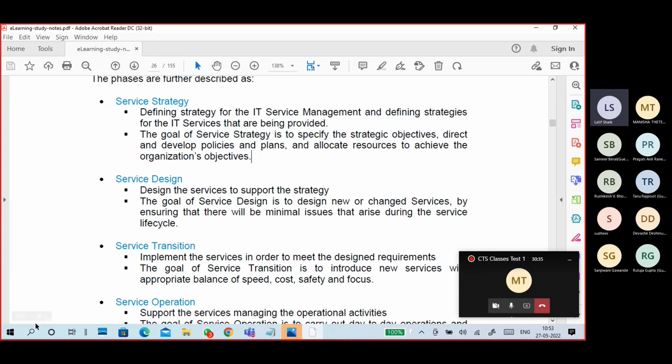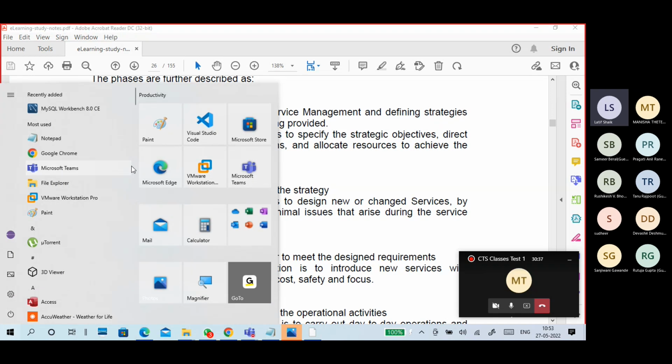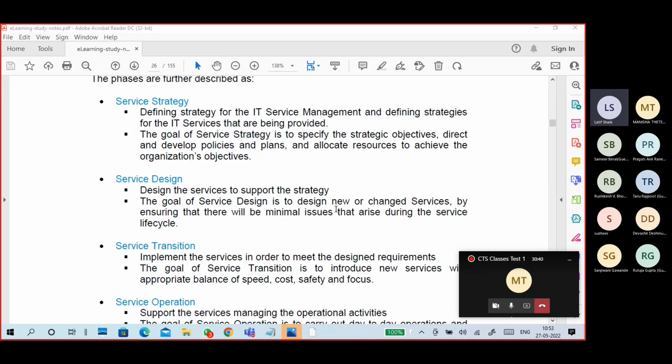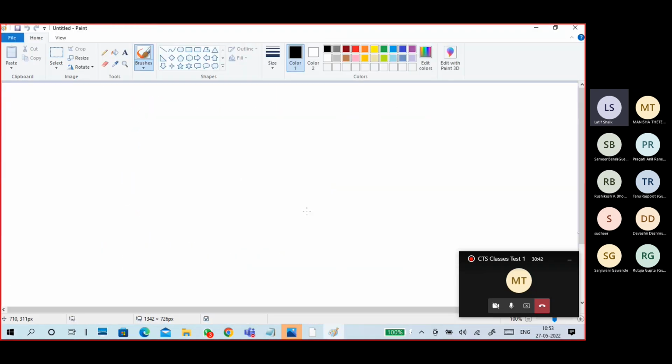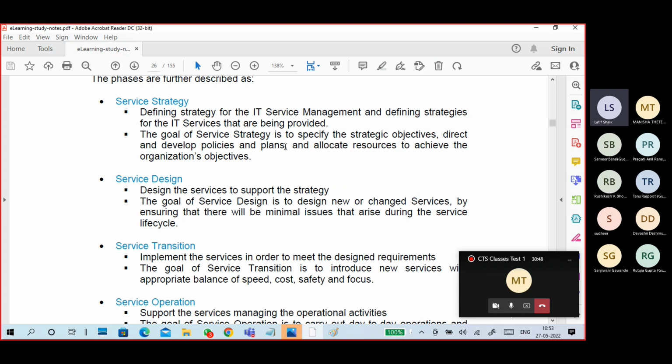Okay, a few good examples are there. Some people told me I should give examples from the IT field only. It is not like that, guys. I got this PDF from ITIL APMG, because I took a 90-day e-learning course, and that's why I got this material.